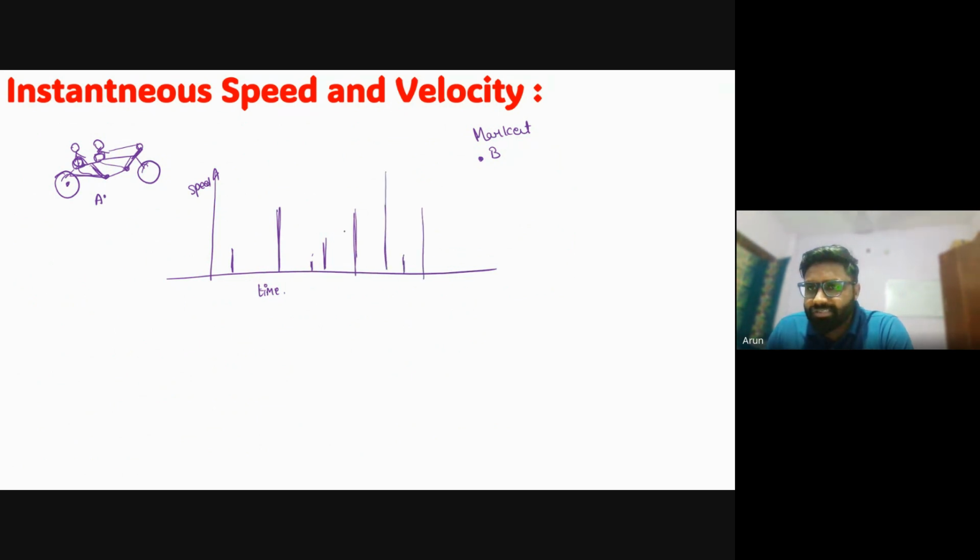So this is the variation of your speed. What we are going to do is take the average of that and draw a simple line that will satisfy all our needs. And that line is the average speed line.